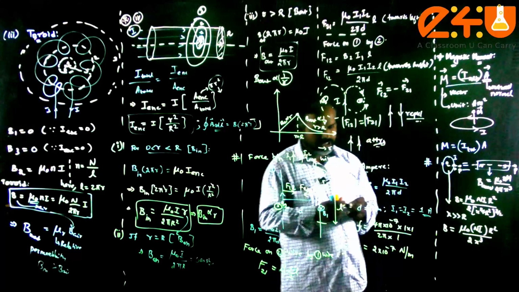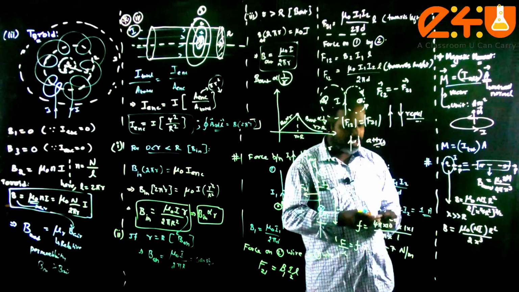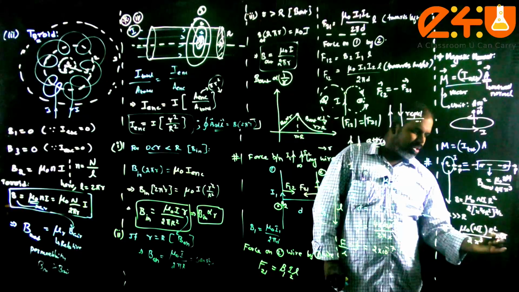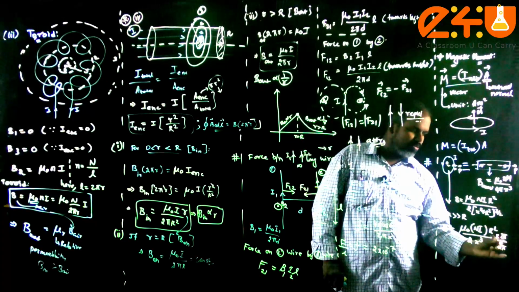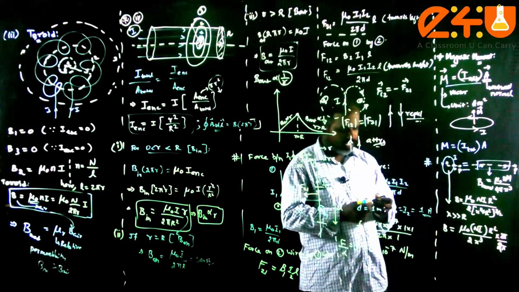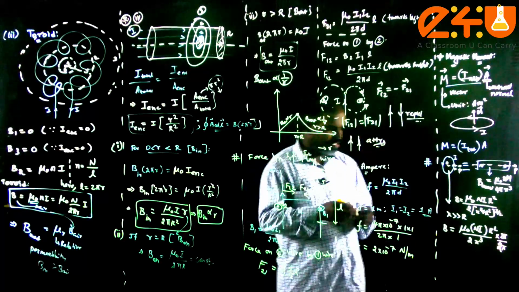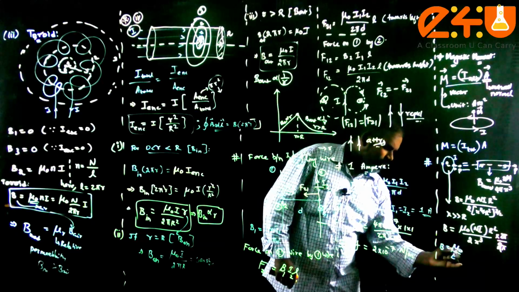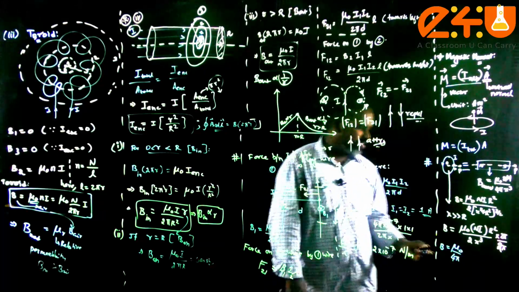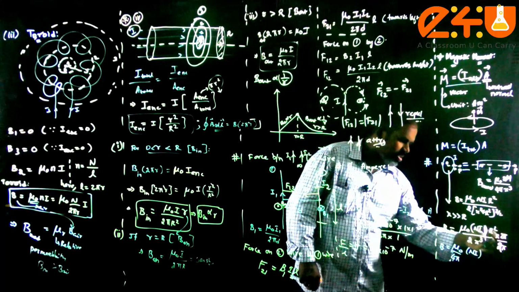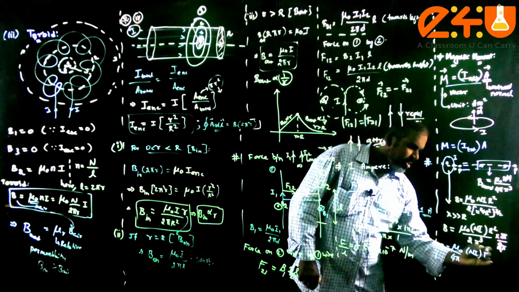So now what I am going to do is multiply by 2 pi and divide by 2 pi. Then what I will get is B is equal to mu naught by 4 pi, like a proportionality constant, into Ni into pi r square.